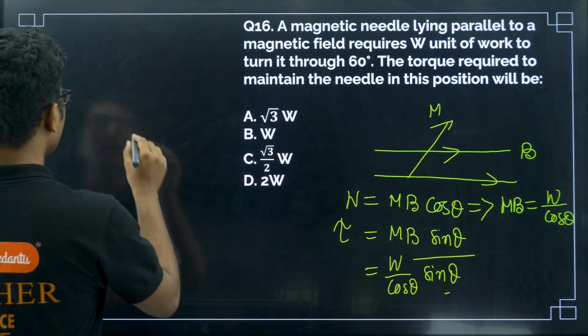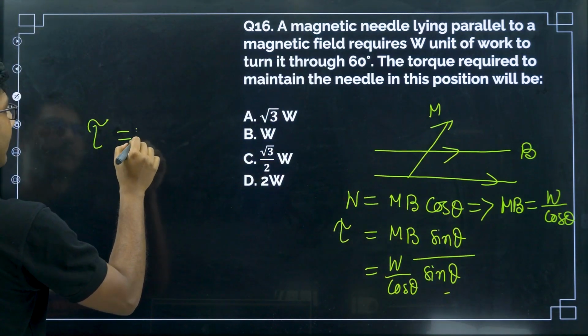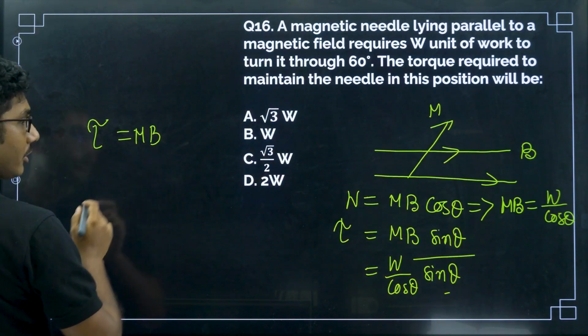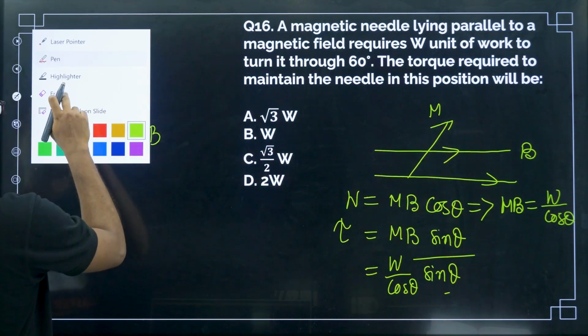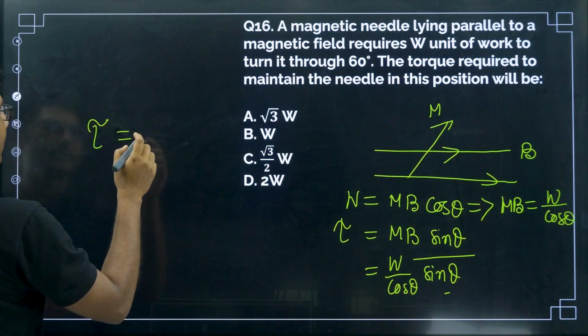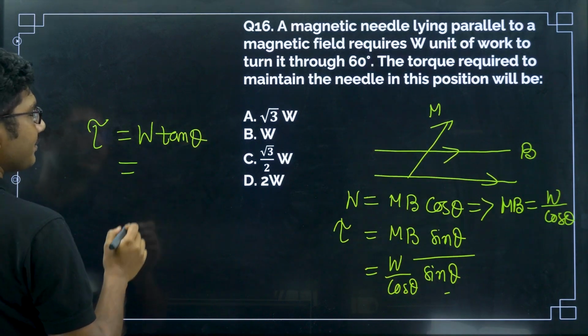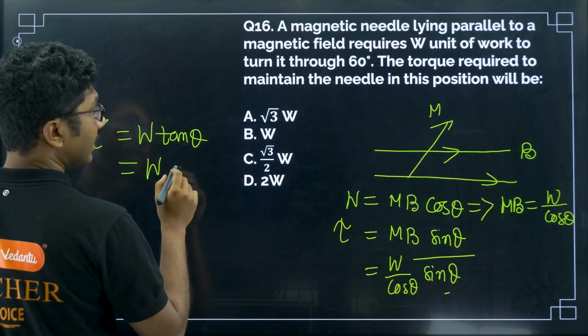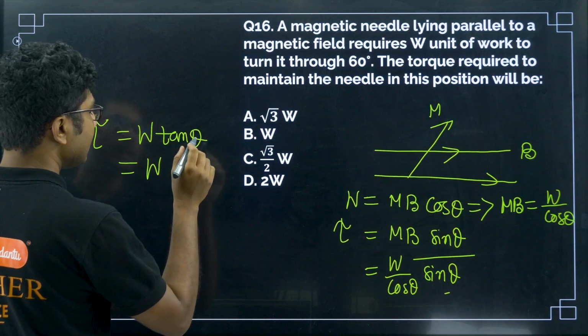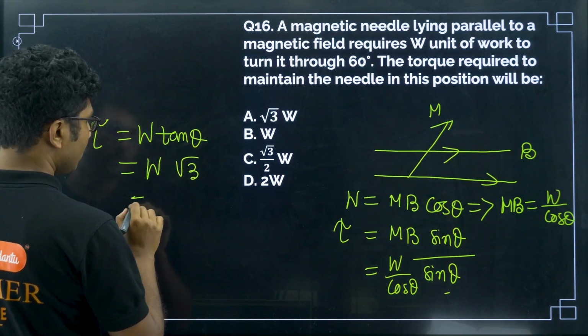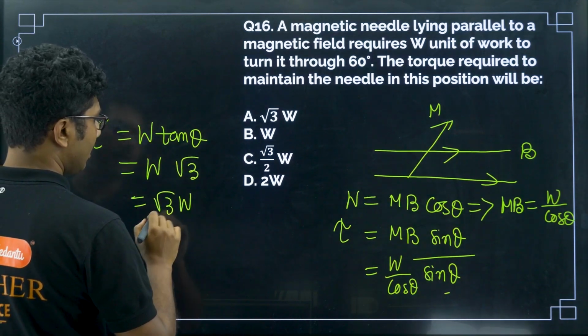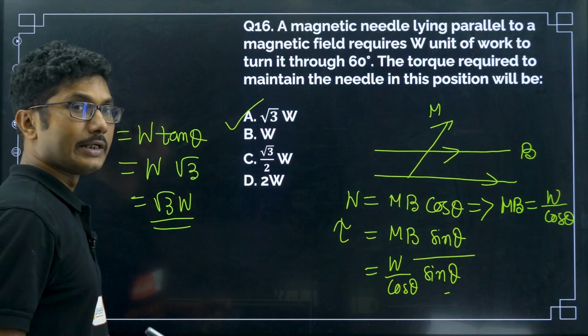So the torque required will be MB tan theta, sorry, W tan theta. I am sometimes making mistakes today. So W tan theta, tan 60 is root 3. So root 3 W is the torque required to hold it in its position.